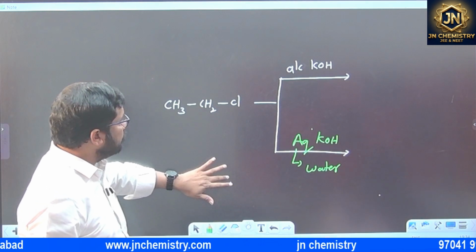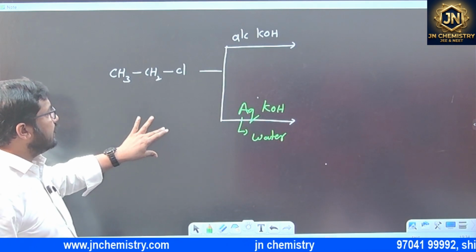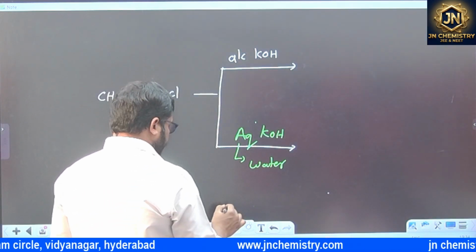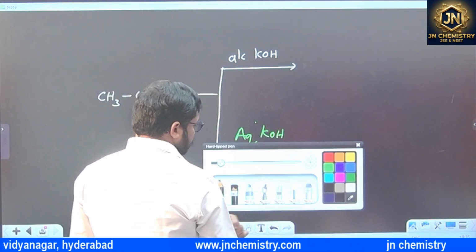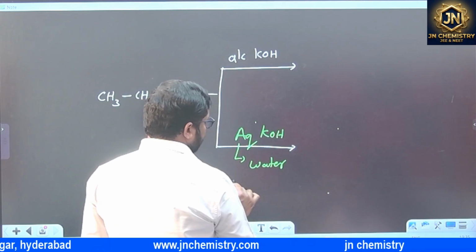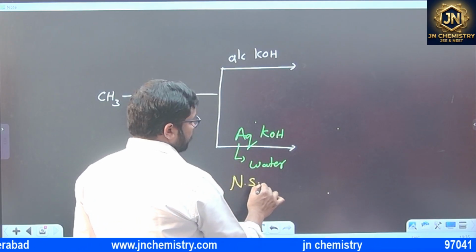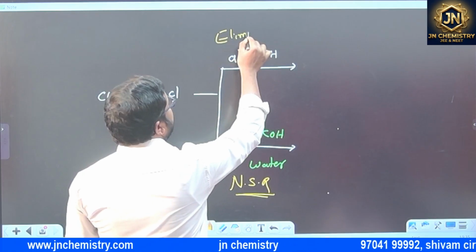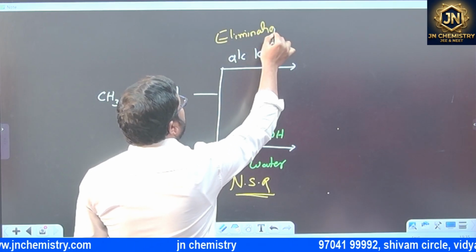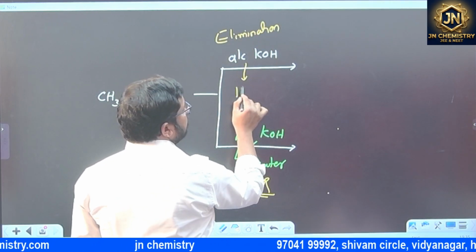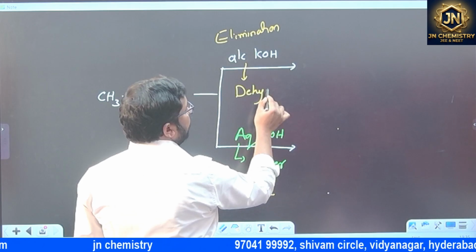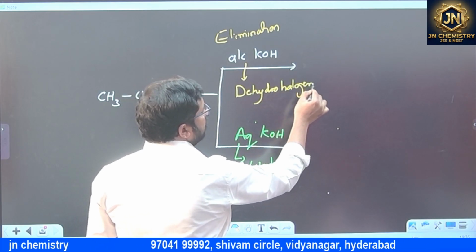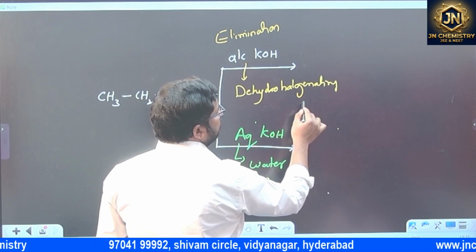Let me know. This is an important reaction, no? With aqueous KOH, it is a nucleophilic substitution reaction. Write it down. In the other case, it is an elimination reaction. Alcoholic KOH is called a dehydrohalogenating agent.